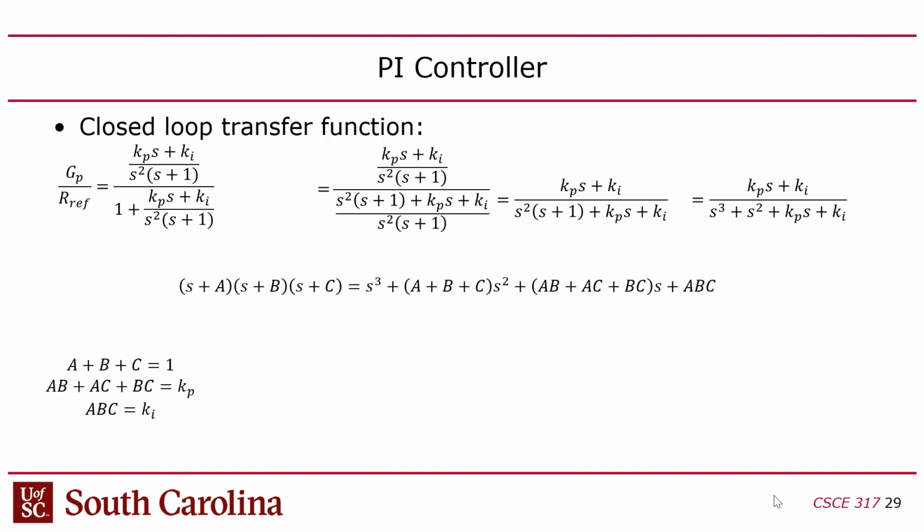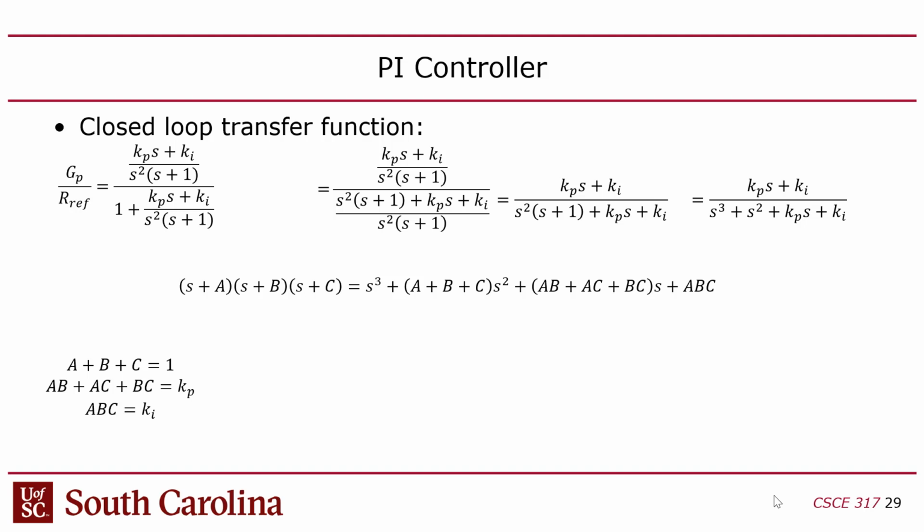Then the coefficient of S is Kp, which is going to be A times B plus A times C plus B times C, so I'll set that to Kp. And then the coefficient for S to the 0th power is Ki, which is just going to be A times B times C.